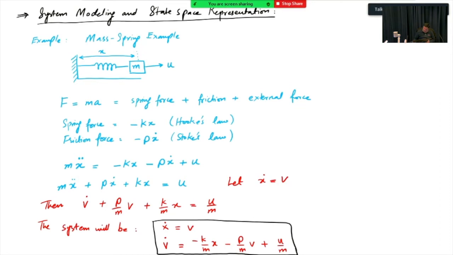Okay, so if you have this system, you can actually write this in a matrix form. So you can say if you have a vector x and v, then x v dot is equal to a matrix.